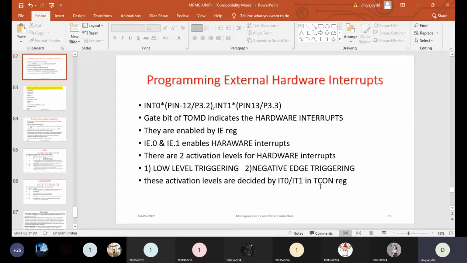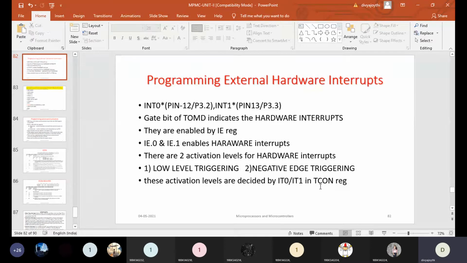At the same time, the device which has the work with the controller is also connected to the controller. So you are disturbing the controller through the device, and you are providing that device information through the software. That means for hardware interrupts, it is not just connecting the external device and asking the controller to serve the hardware interrupt. You need to inform the controller through a program also.